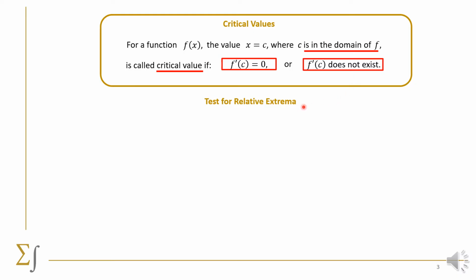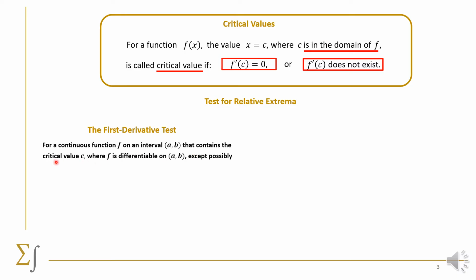Now we move further to talk about the tests for relative extrema. These are also very important for us whenever we are trying to sketch any curve. We have the first derivative test. For a continuous function f on an interval a, b that contains the critical value c, where f is differentiable on a, b, except possibly at c, if f prime of x changes its sign from positive to negative as x increases through c, then in such case we say that at c f has a relative maximum.